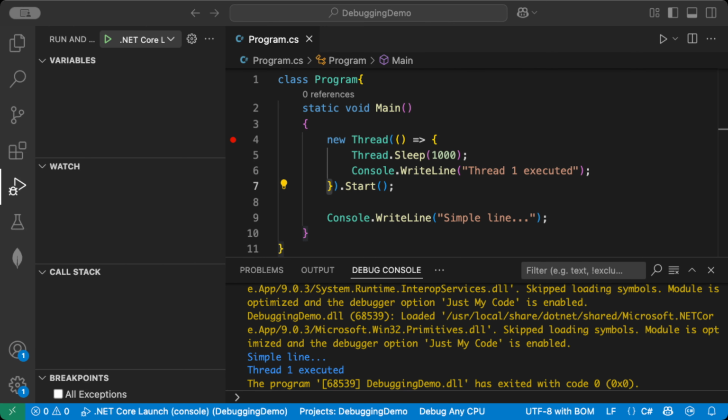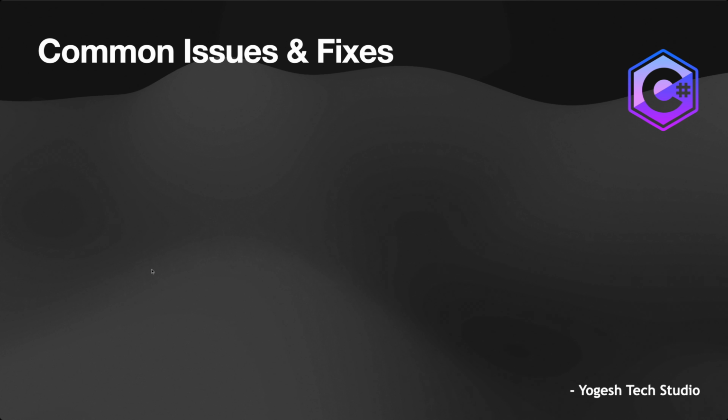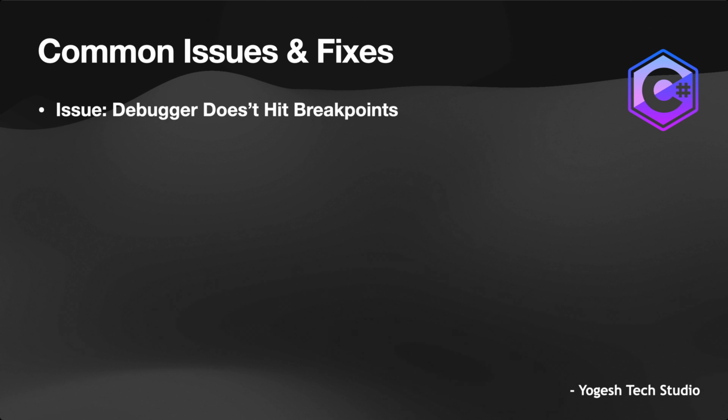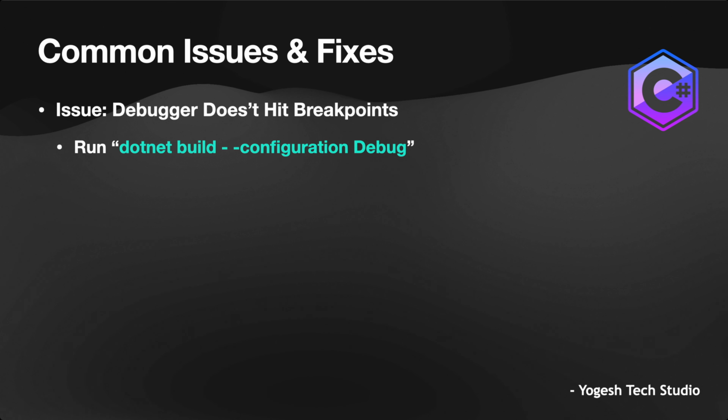And next, let's go through some common issues that you might get while configuring the debugger on your system. First things first, the debugger is not hitting the breakpoints. In that case, what you can do is first run the dotnet build configuration debug command that I'm showing you on screen here.